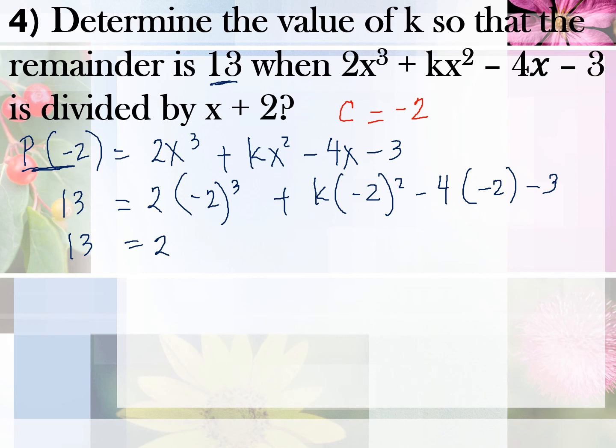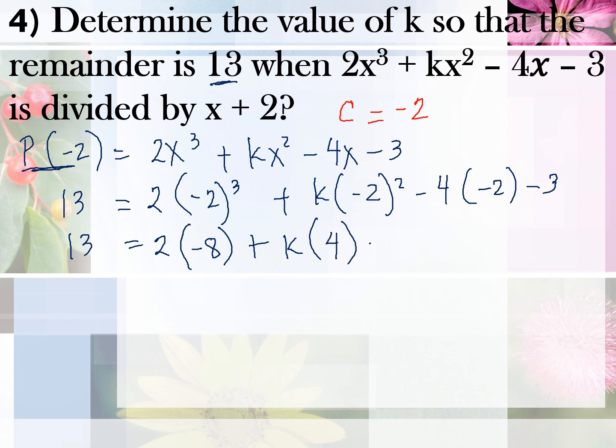Simplify natin yung negative 2 cube, that is equal to negative 8 kasi negative 2 times negative 2 is positive 4. 4 times negative 2 is negative 8. And then, copy yung k, then negative 2 times negative 2 is positive 4.